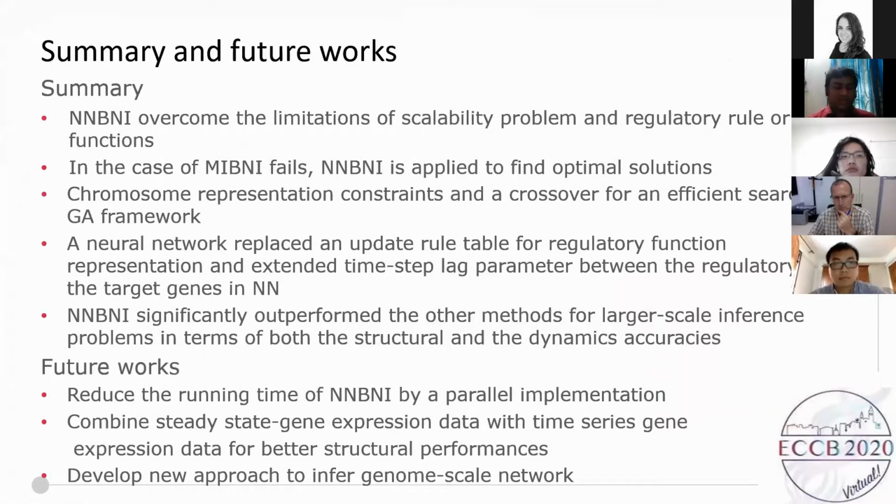Actually, it's a two-stage algorithm. If MIBNI fails, then NNBI is applied to find the optimal solution.